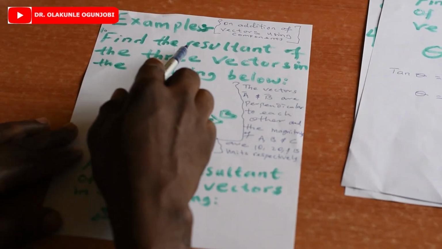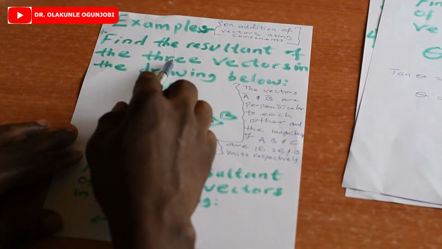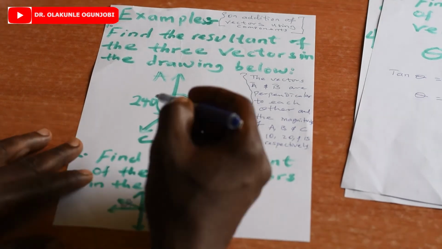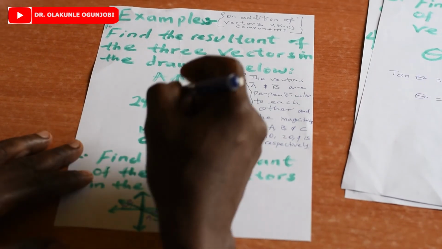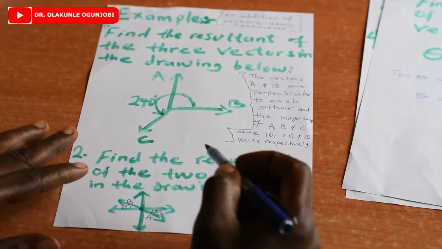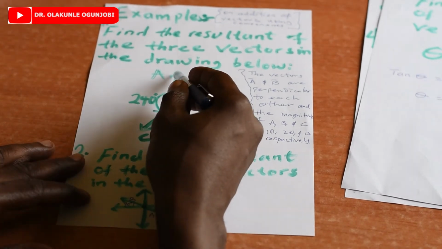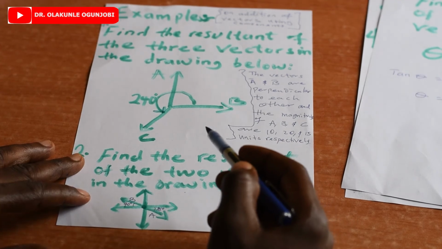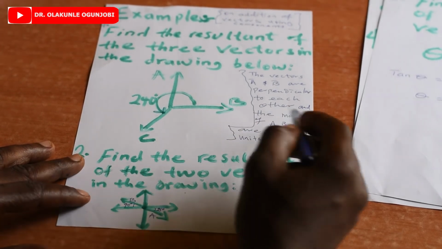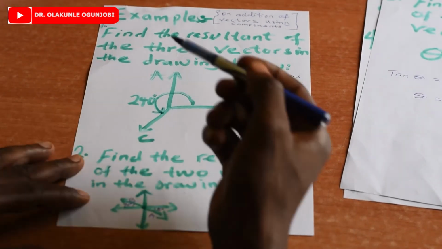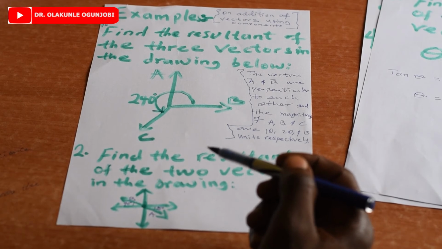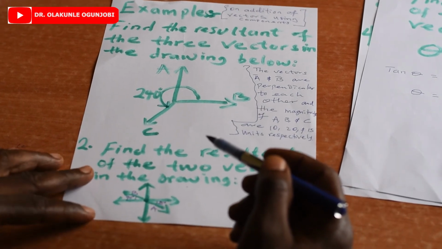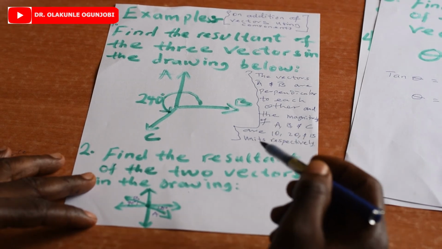Find the resultant of the three vectors in the drawing below. Look at this drawing. It is 240 degrees inclined. You can see vector A up north, vector B along the positive x-axis, and A is along the positive y-axis, and then you have of course your C. I want you to add these vectors.